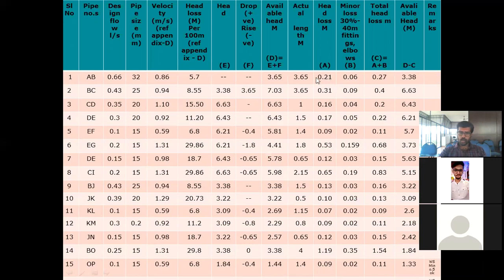The formula is: head loss is equal to actual length into head loss per 1000, or per 100 meter, whatever you have written. So here, Shakal, have you written for 100 meter or for 1000 meter? Have you written here 5.7 or 57.02?